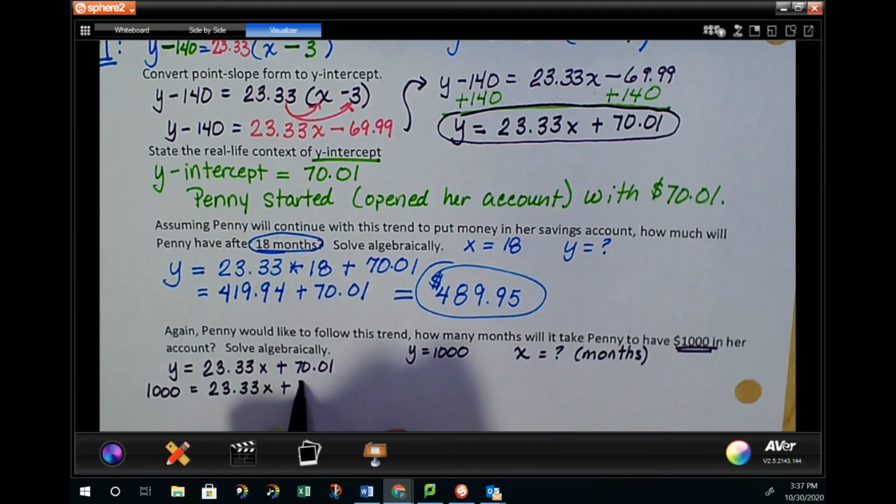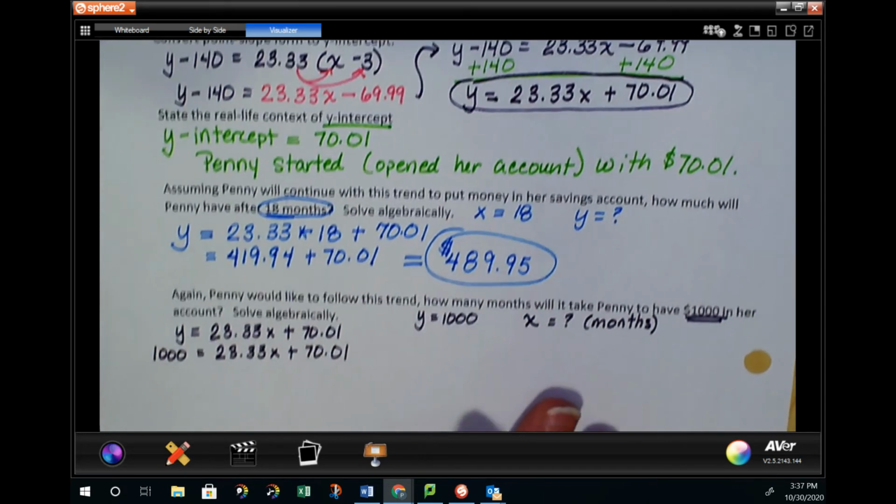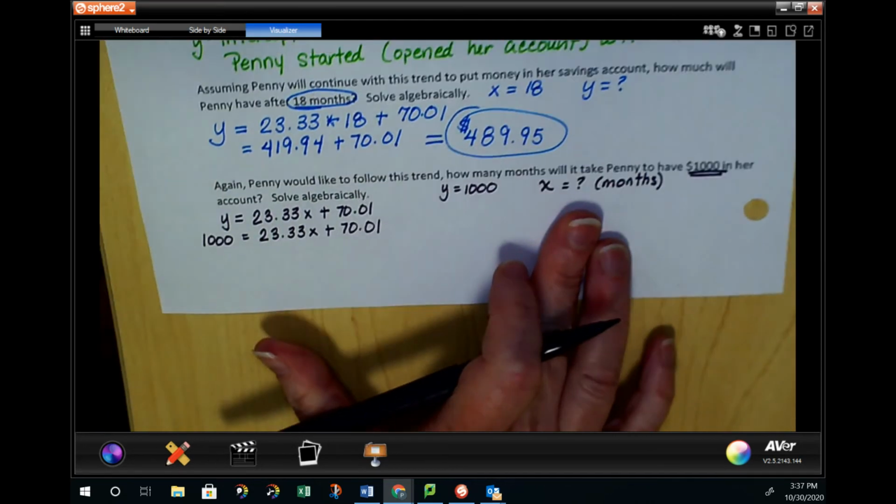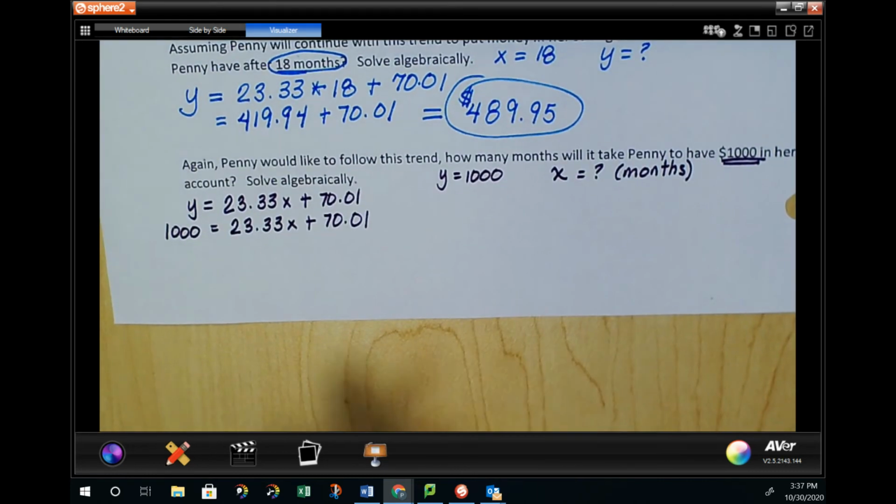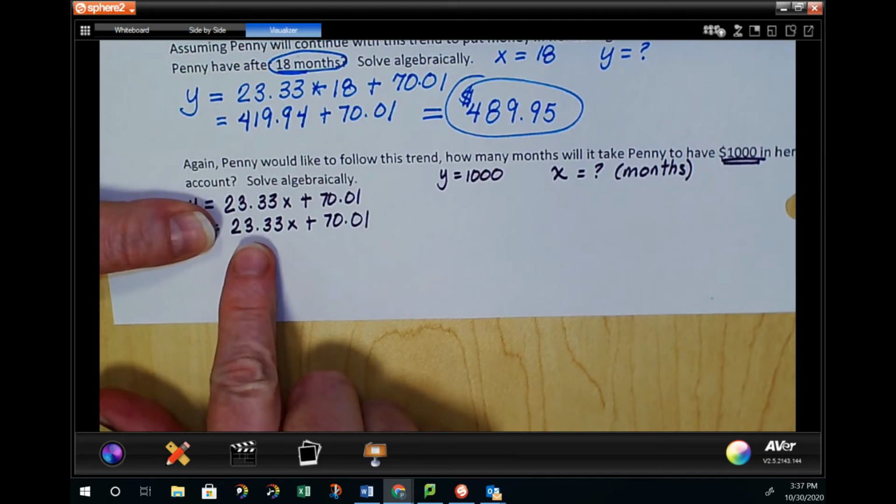Now here is where the DIR table was really important, and why I gave you such difficult problems. Because you have to do the undo. So I'm going to cover up 1,000. What am I doing to x?